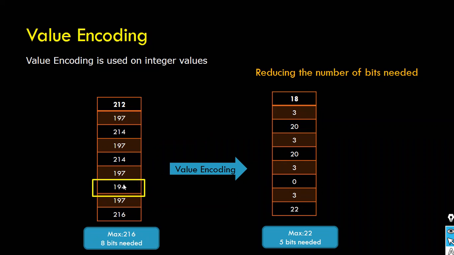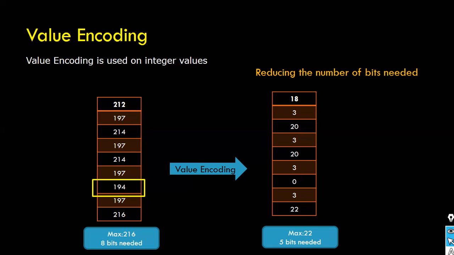Similarly, it subtracts the minimum value from each and every value, so that you will end up needing only 5 bits to store this data, because it reduces the number of bits needed.